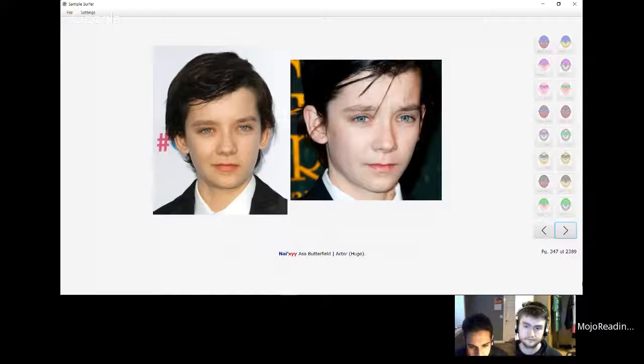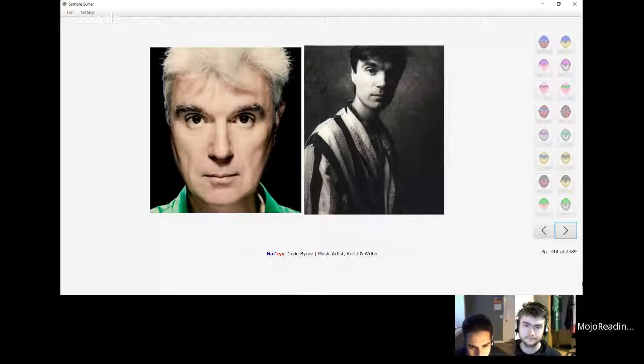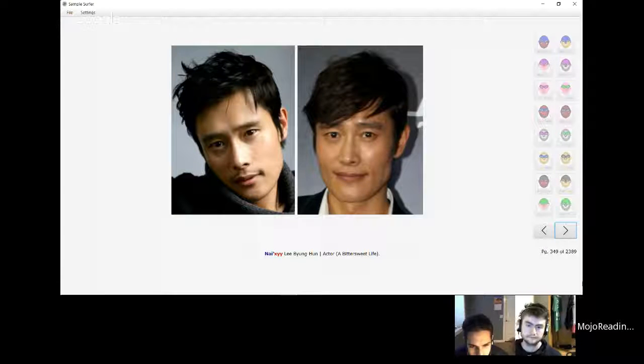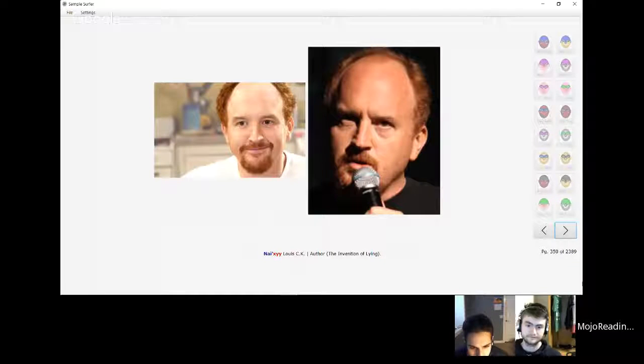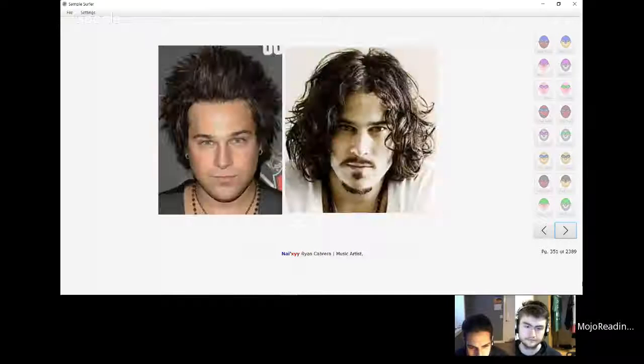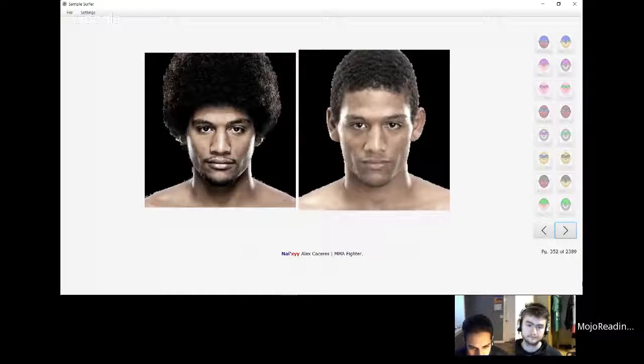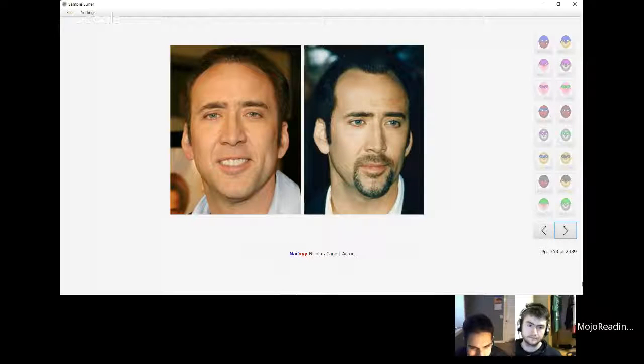Naiji Asa Butterfield. Naiji David Byrne. Najee Lee Byung Hun. Naiji Louis C.K. Naiji Ryan Cabrera. Naiji Alex Caceres. Najee Nicolas Cage.